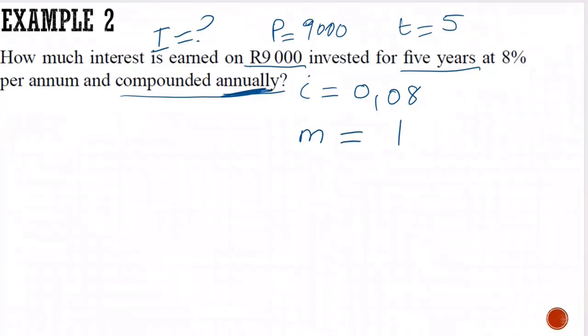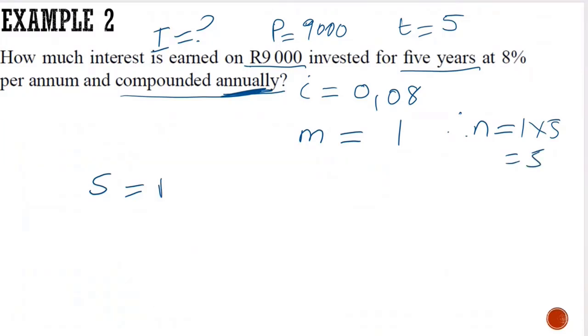So now you can just go and plug into your calculator and find your accumulated amount. Therefore your N is going to be equal to 1 multiplied by 5, which is equal to 5.